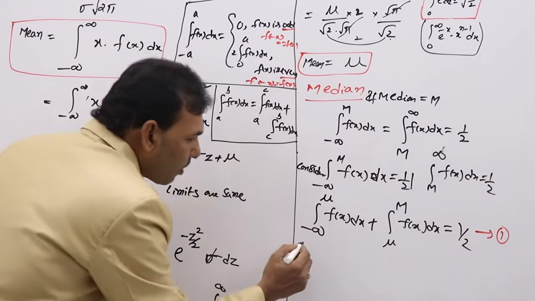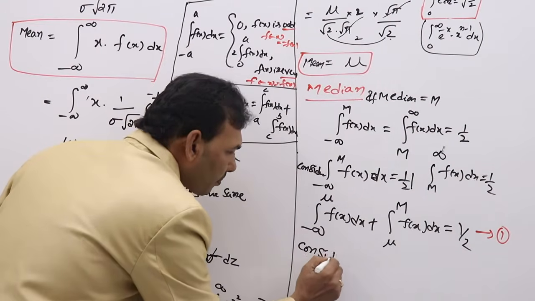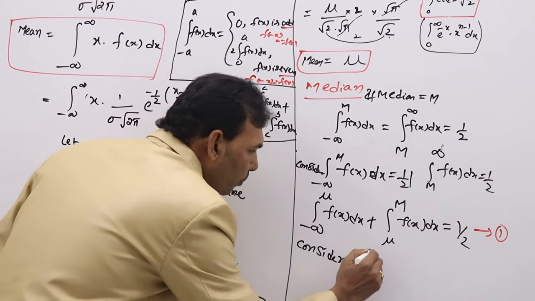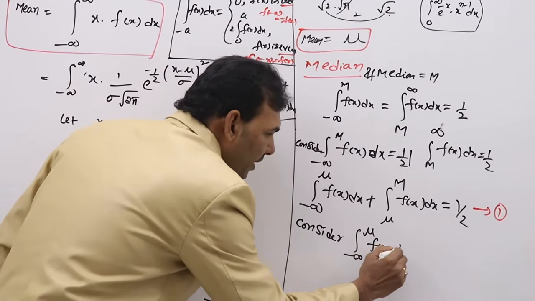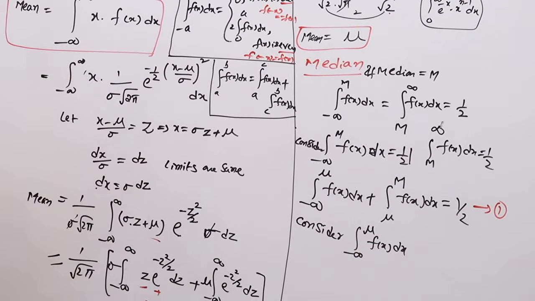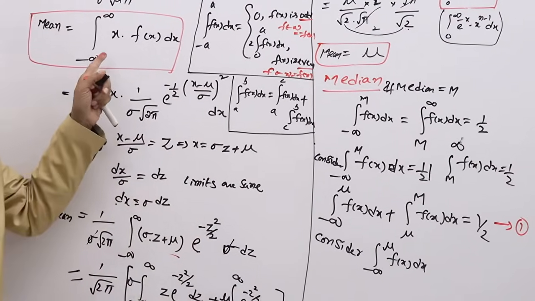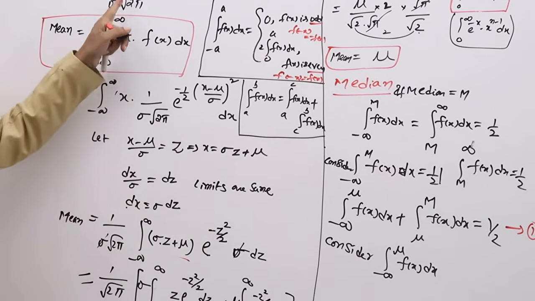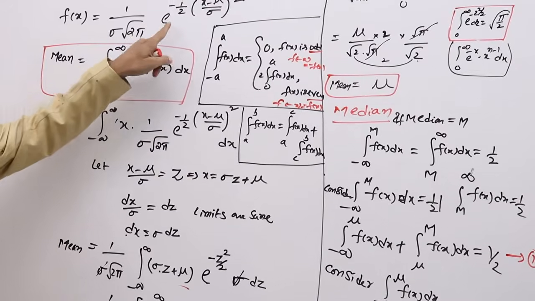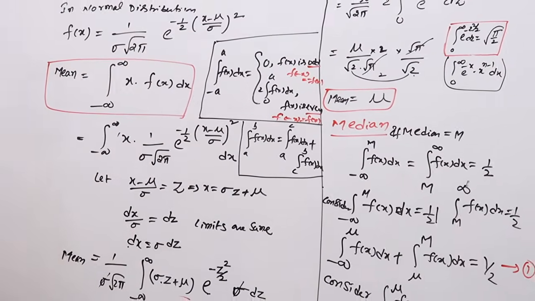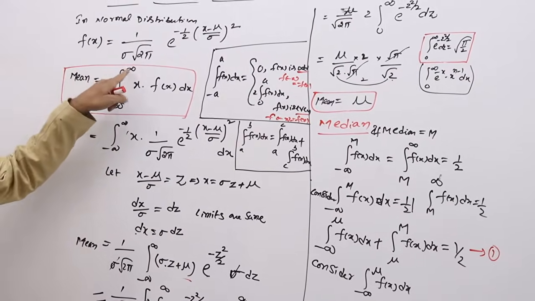Again I am taking this part, consider the integral from minus infinity to mu of f of x dx. So we all know f of x in the normal distribution, I have written here: 1 by sigma root 2 pi e power minus 1 by 2 into (x minus mu by sigma) whole square. Now I am going to write this value in the place of f of x.